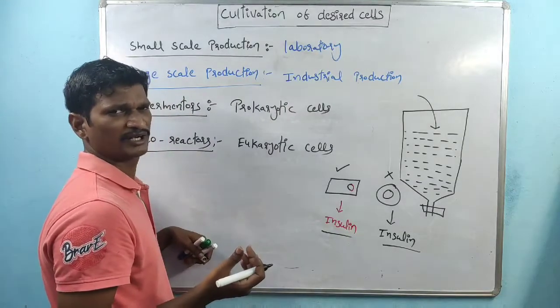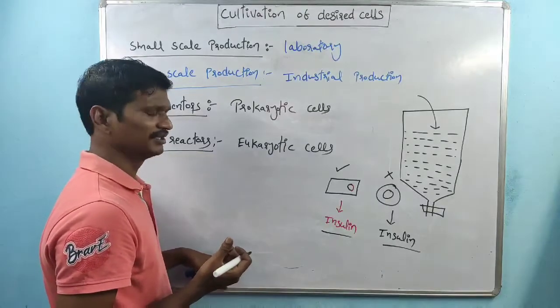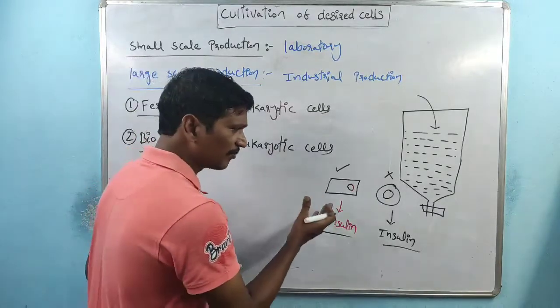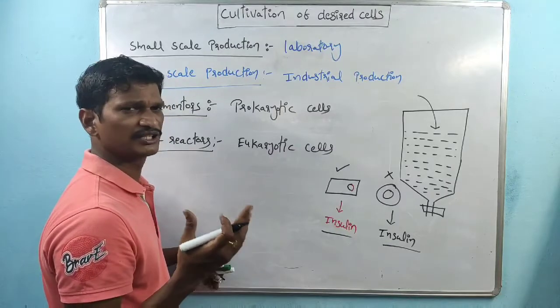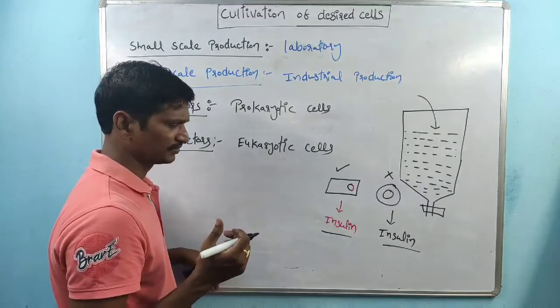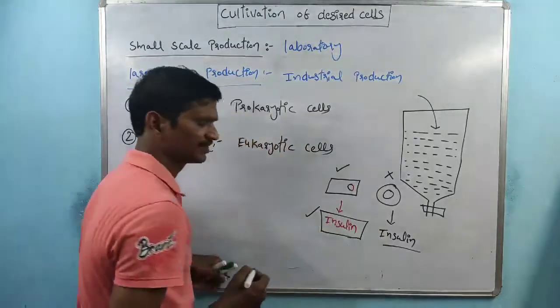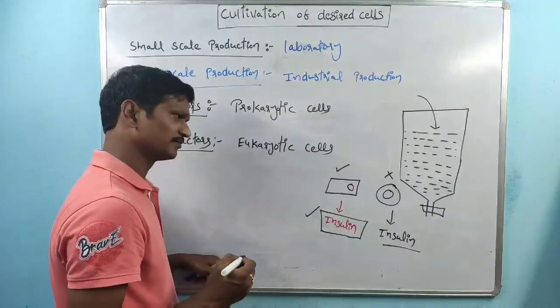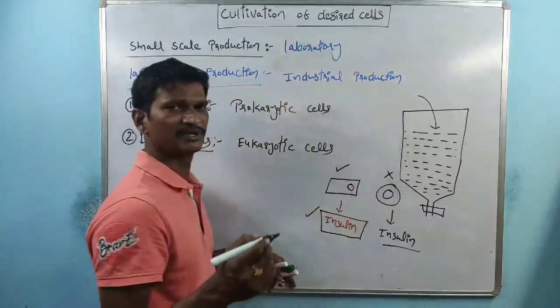Sodium chloride is required, and some carbohydrate source is required. So the raw materials required for the cultivation of prokaryotic cells are very cheap, so the insulin cost is also cheap.